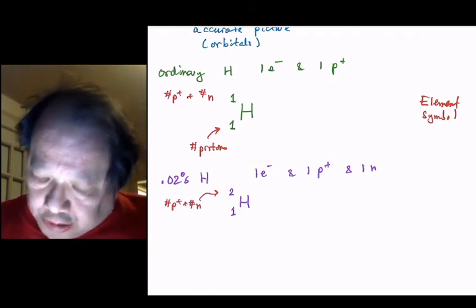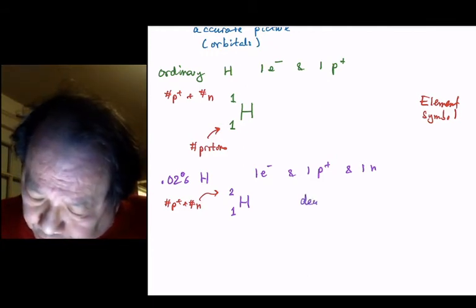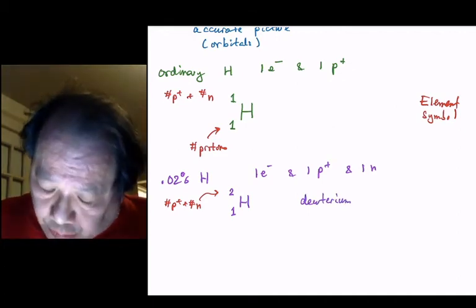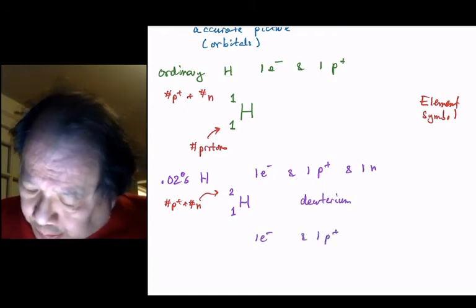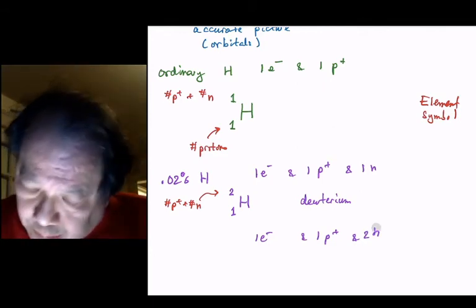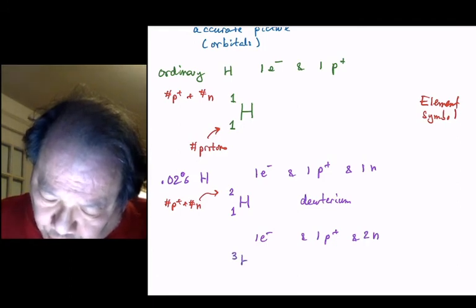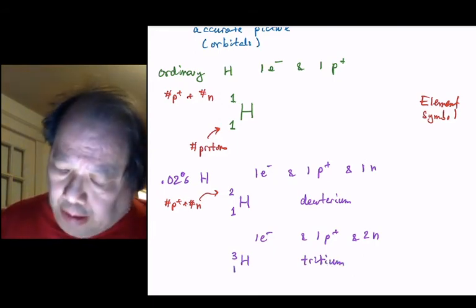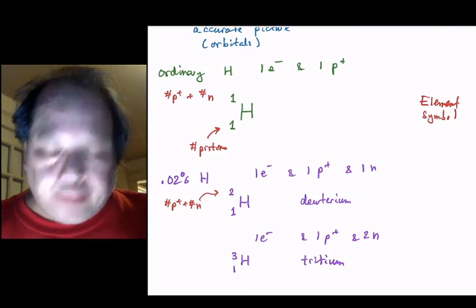This version of hydrogen is called deuterium. There is one other kind of hydrogen known, which has 1 electron, 1 proton and 2 neutrons. So 3H1, it's called tritium, it's radioactive. And these are the element symbols.